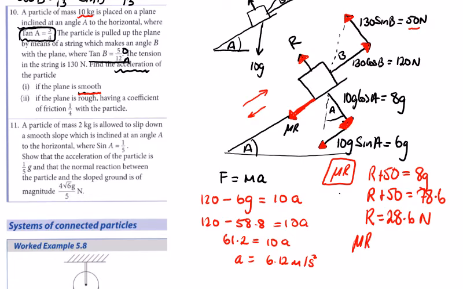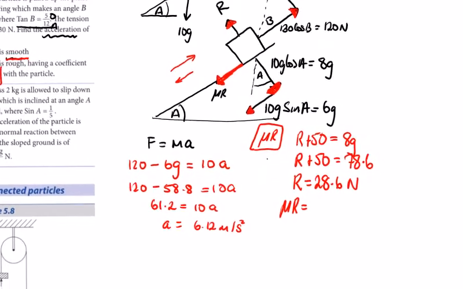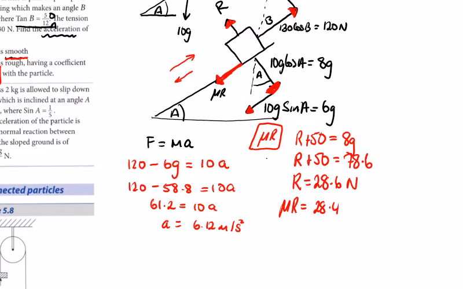So mu R is going to be, what do we have mu to be? A quarter. So 28.4 times 1 over 4 is 7.1 newtons.